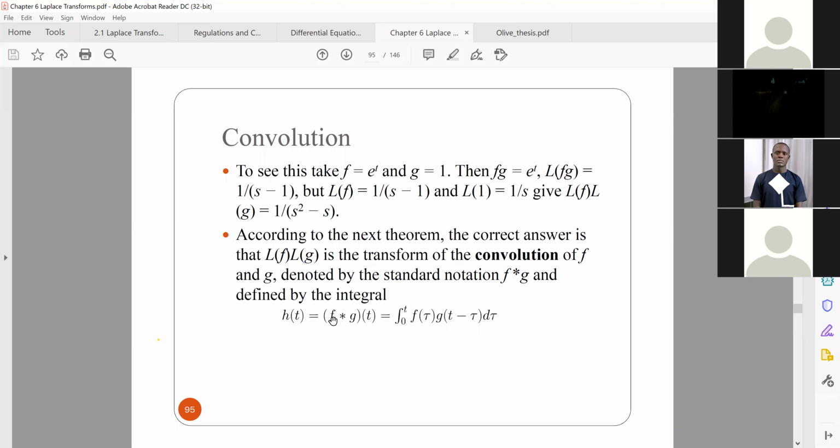I want to convolve F with G. I write F of tau, and for G, I replace what would have been t by t minus tau, and then I integrate with respect to tau. That is convolution, it's an integral.